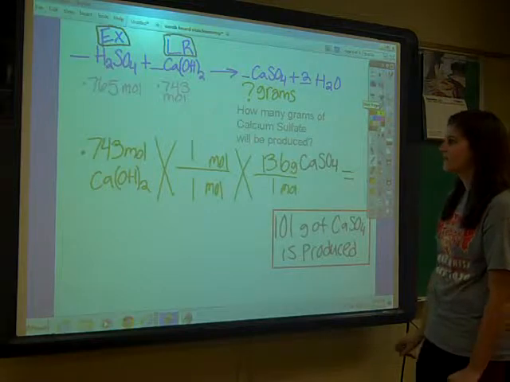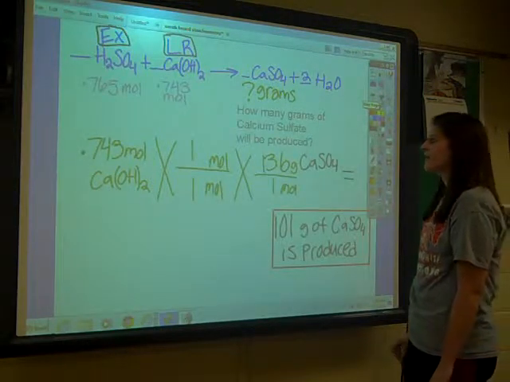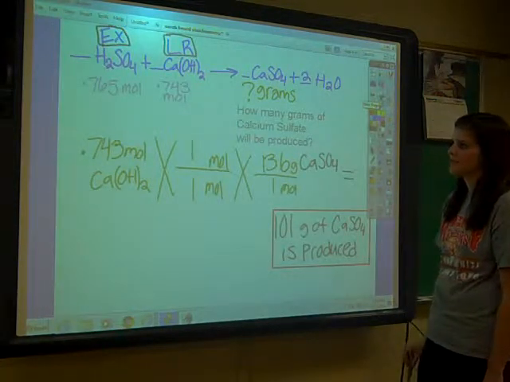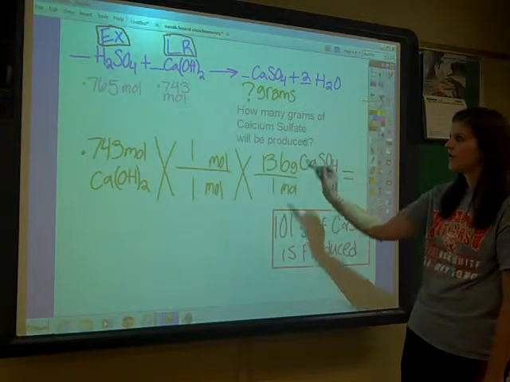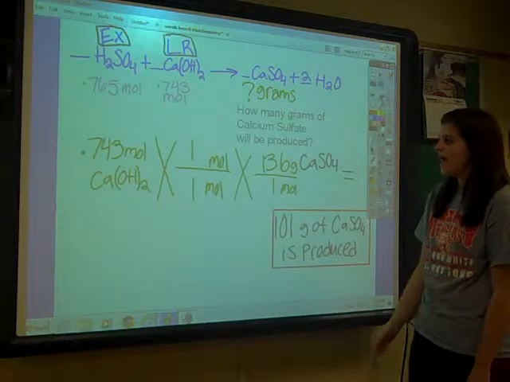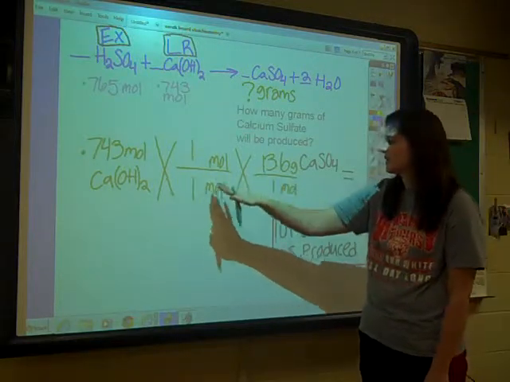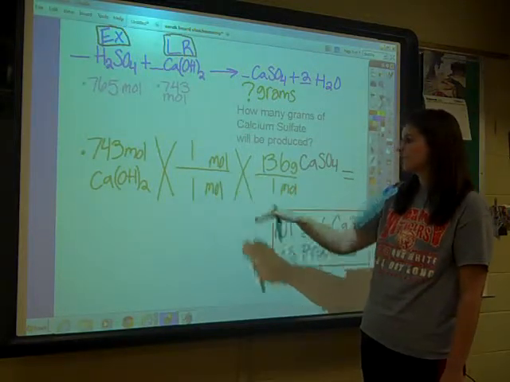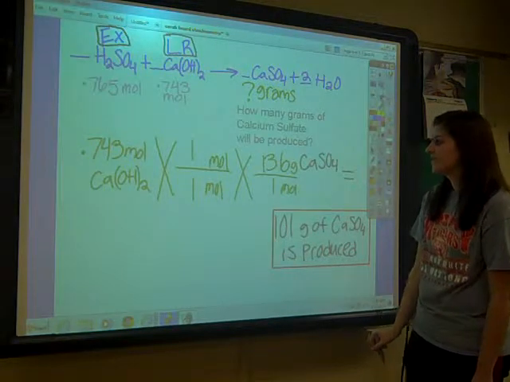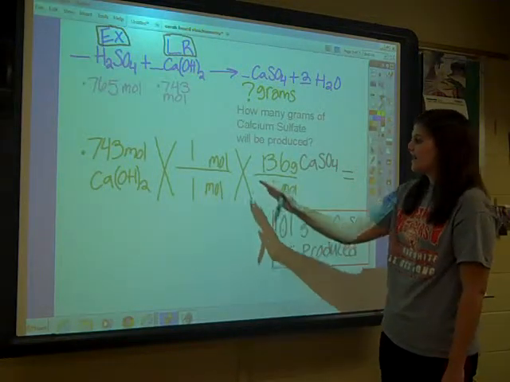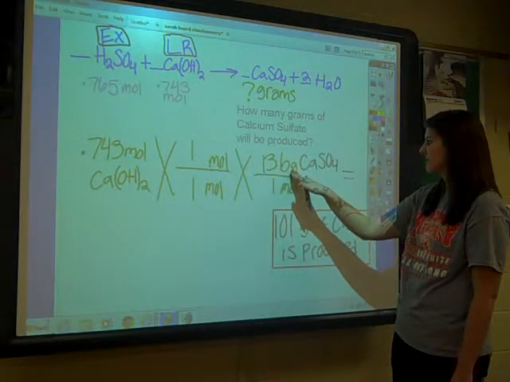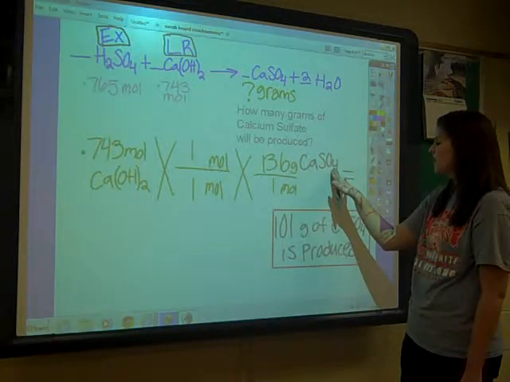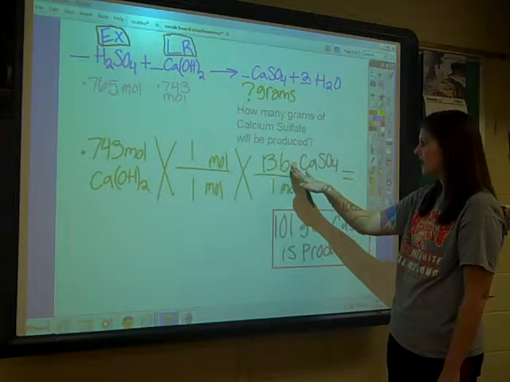Okay, and this question asks us, how many grams of calcium sulfate will be produced if this reaction were to occur? So you start with your LR, your limiting reactant, and you bring down your unit. Then you have a mole-to-mole ratio, as in every other stoichiometry problem. And then you also carry mole-to-mole here, and you have the molar mass of what you wish to find on the top.